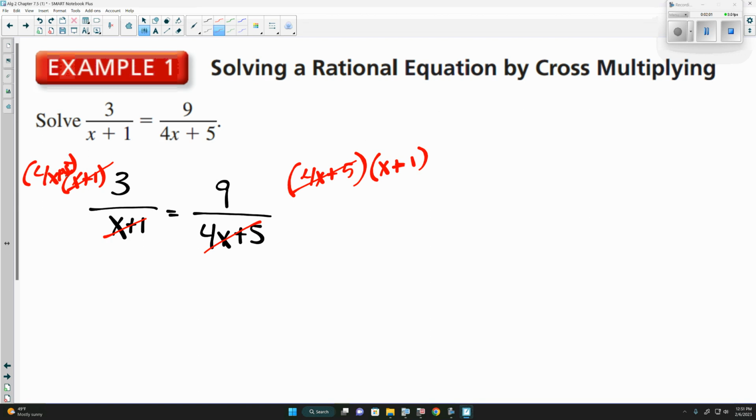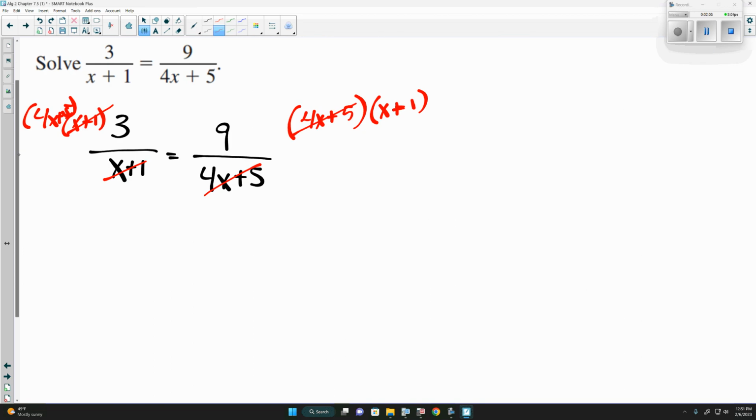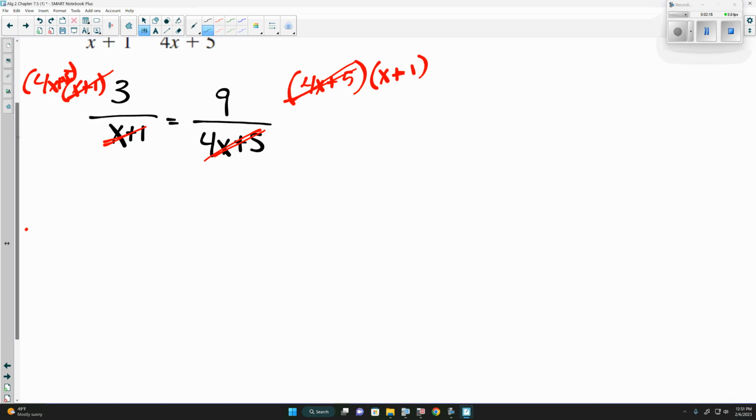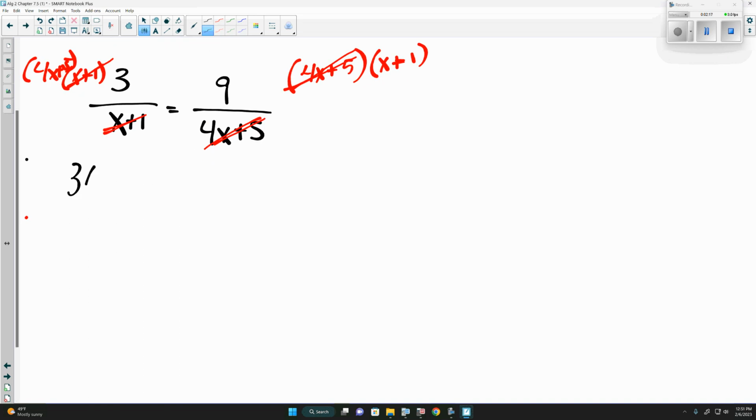So we're going to have to multiply both sides by 4x plus 5 and multiply both sides by x plus 1. We need to do both. Because over here, the x plus 1 and x plus 1 would cancel. Here, 4x plus 5 and 4x plus 5 would cancel. What that leaves us with is 3 times 4x plus 5 is equal to 9 times x plus 1.